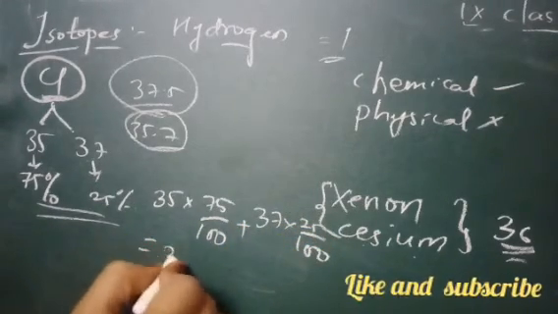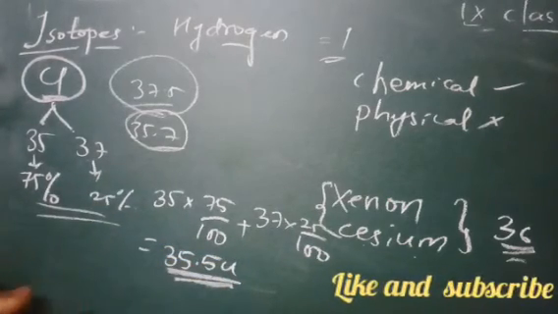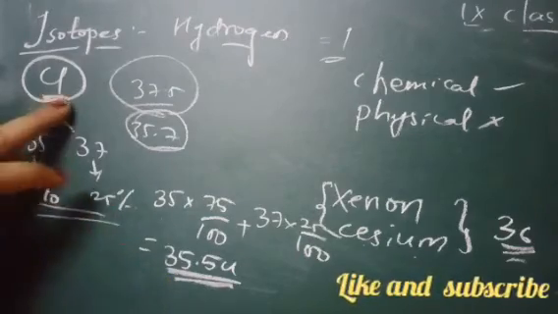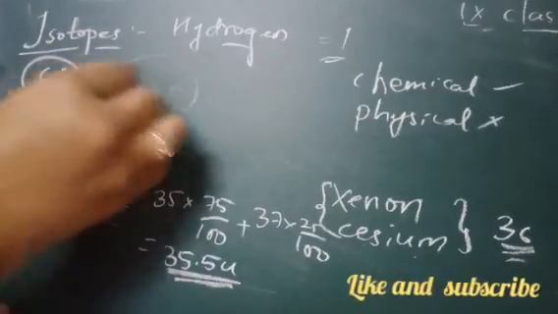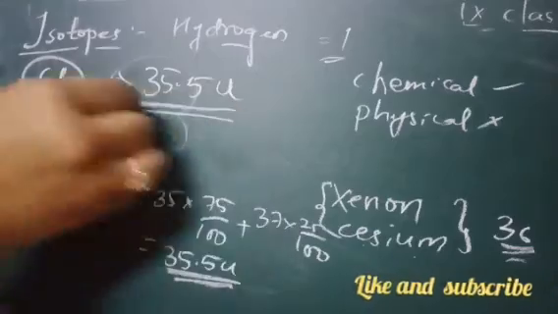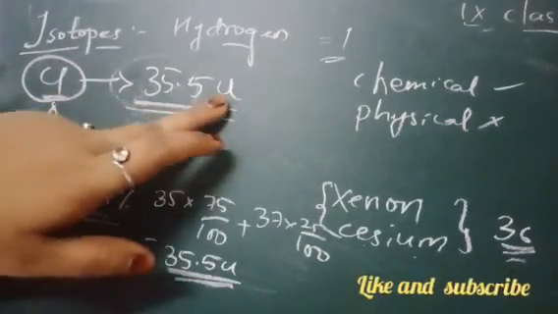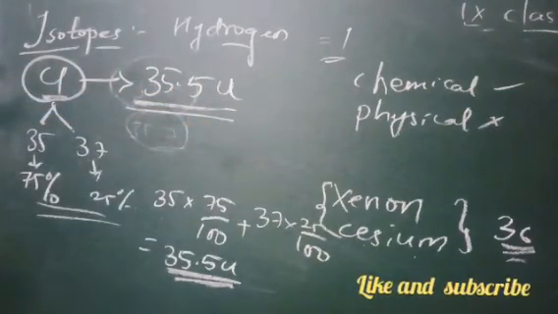We are getting 35.5 u. So the average atomic mass of chlorine is given as 35.5 AMU, that is, atomic mass unit.